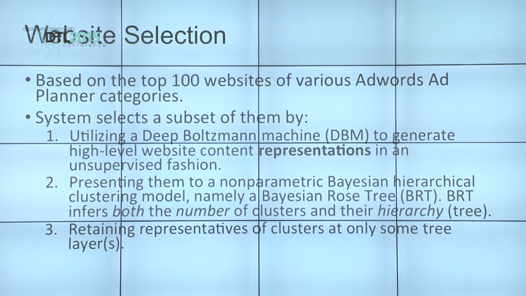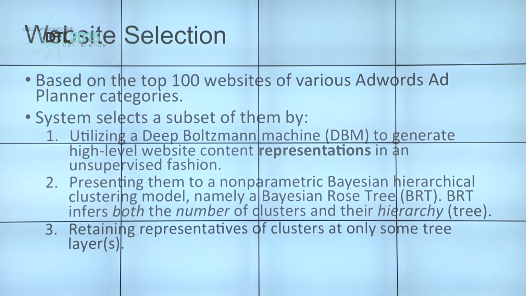And based on these high-level representations, we go ahead and cluster the websites into a tree of clusters and subclusters. This is a method we have used to do that, which is called the Bayesian rose tree. It's a non-parametric Bayesian method that infers both how many clusters you have, what the subclusters are of each cluster, that is all the hierarchy, and of course, which websites are members of each cluster.